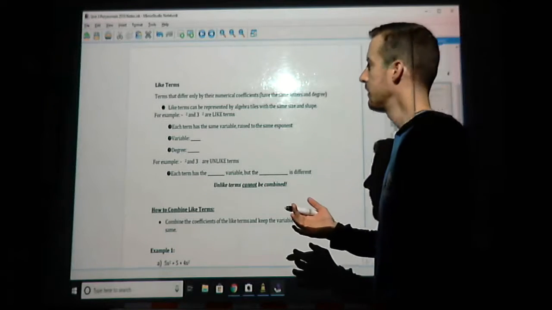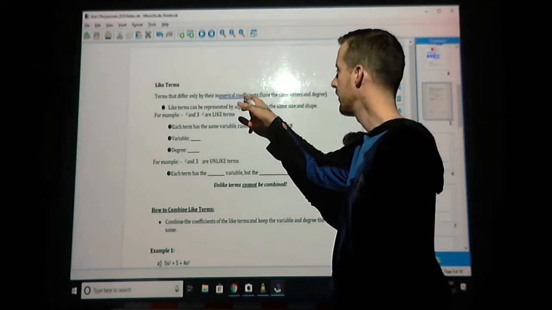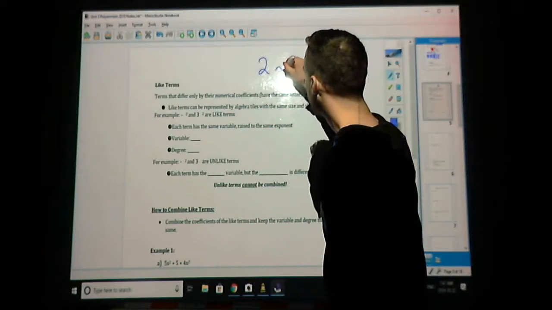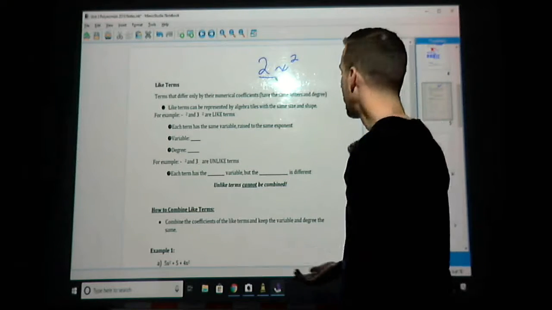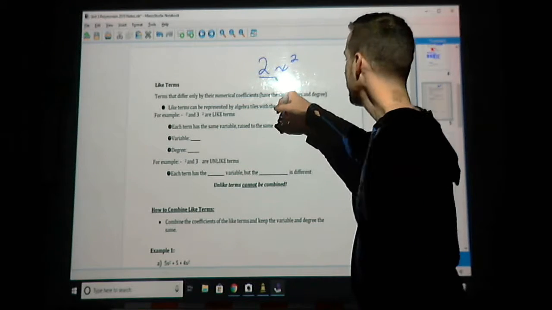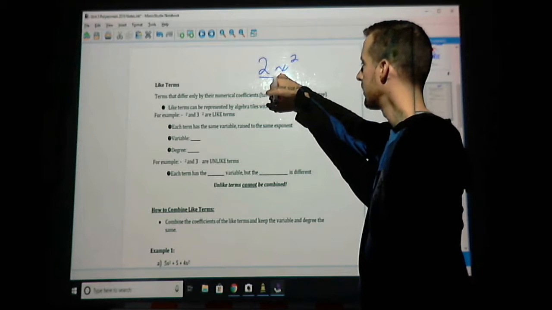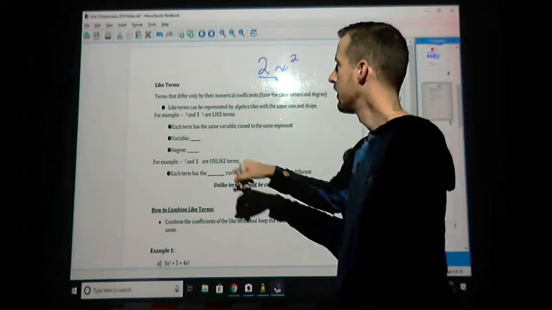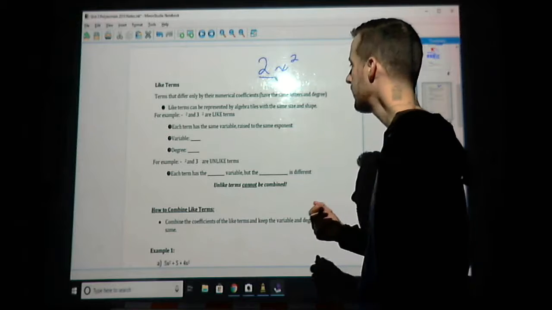So like terms are terms that differ only by their numerical coefficients, right? So if we have 2x squared, the 2 is our numerical coefficient, okay? But they have the same letters, in this case our variable here, and degree, which is our exponent, okay? So like terms can be represented by algebra tiles the same size and shape.